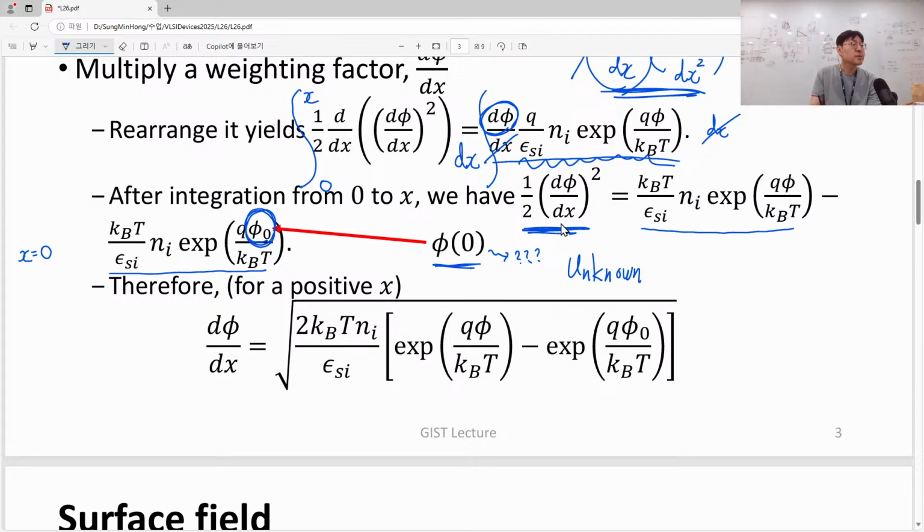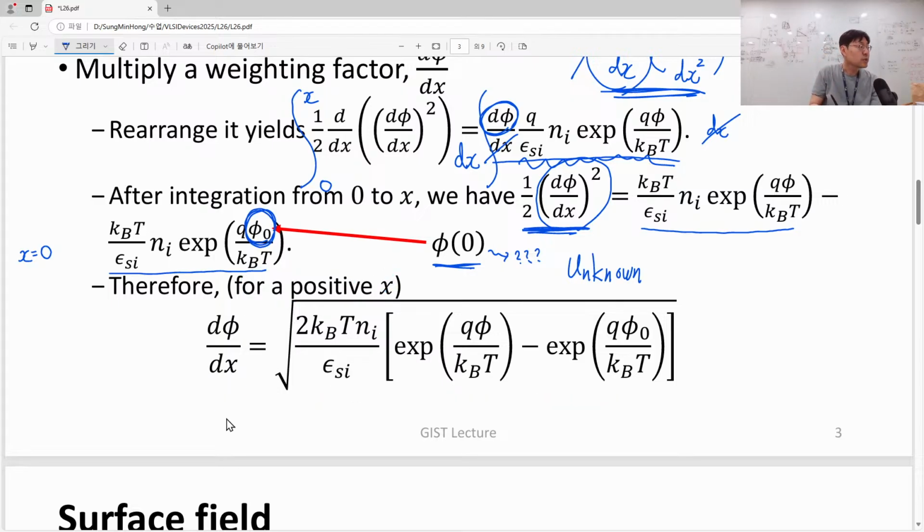Then, simply speaking, now we have the square of the electric field, and this electric field can be simply written in this form. Since we are currently considering positive x values, of course, if we consider negative x values, we have to introduce a negative sign, but I will just skip this negative part.